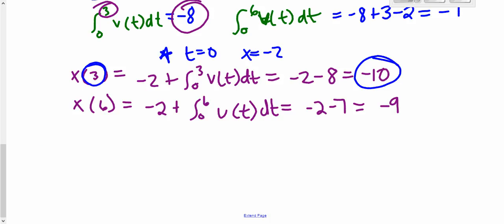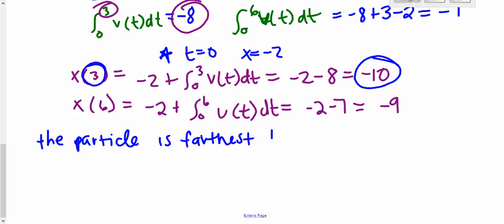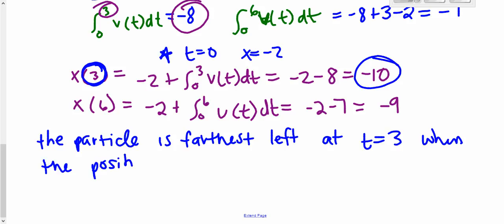So we combine all this, and we say that the particle is furthest left at, well, time 3, we plug in 3, so t equals 3, when the position is, well, position is x, so x equals -10. And that's our answer. So let's see if we did this correctly.